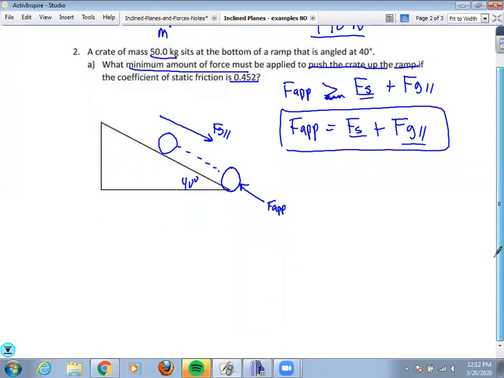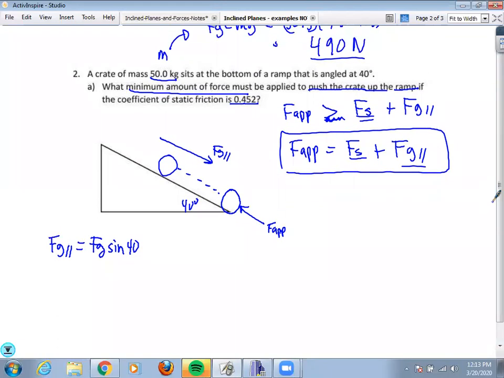All right, so we'll go over here on the left-hand side. Fg parallel equals Fg times sine 40. We already calculated Fg up here, it was 490. If you didn't calculate it, then you'd have to go mg times sine 40. We found it already, we're going to use the 490.